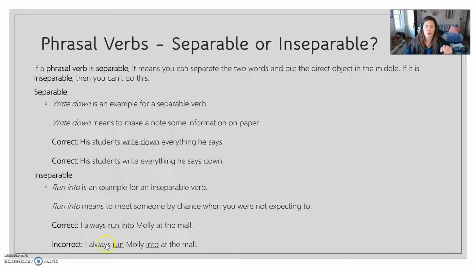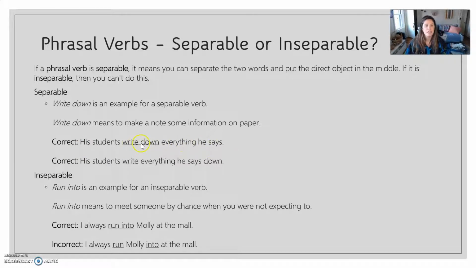So whether verbs are separable or inseparable is something that you have to learn when you learn that phrasal verb, okay? So separable, for example, we have the phrasal verb to write down, right? This is a separable verb. So to write down means to make note of some information on a piece of paper, right? I'm writing it down. So it would be correct to say his students write down everything he says.